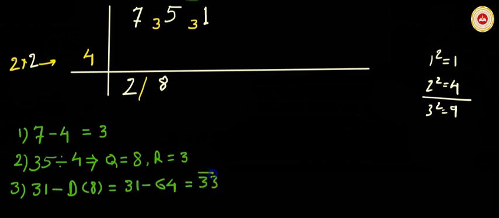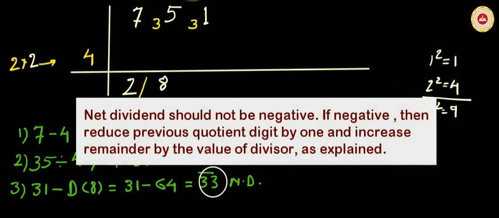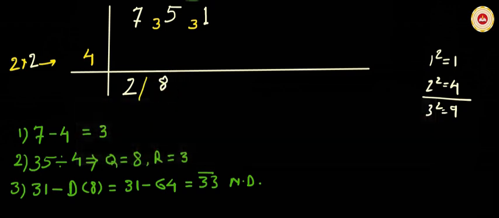Negative 33. But you know friends that this negative 33 is the net dividend. In the division process, the net dividend cannot be negative. And if it is negative, it means that we have divided in excess in the previous step. Friends, recall Bhajanka division. In Bhajanka division, we have done it. So let us cancel this and reduce 8 by 1.